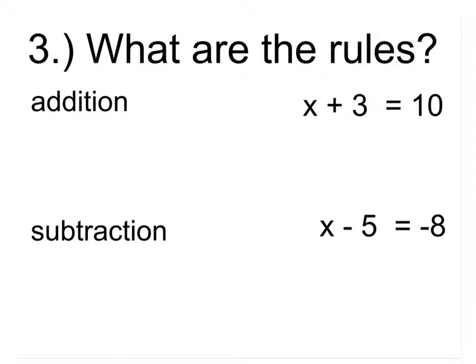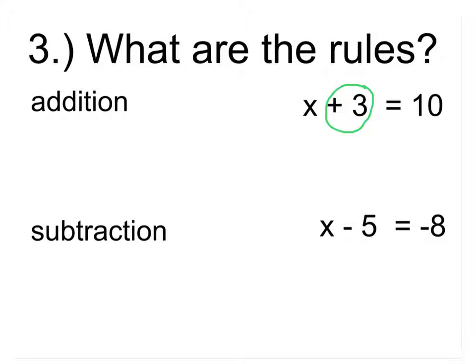So let's summarize what we've seen so far. So if we have a problem with addition, okay, what we notice is that the sign in front of the number that's on the same side as x is going to be plus or positive.